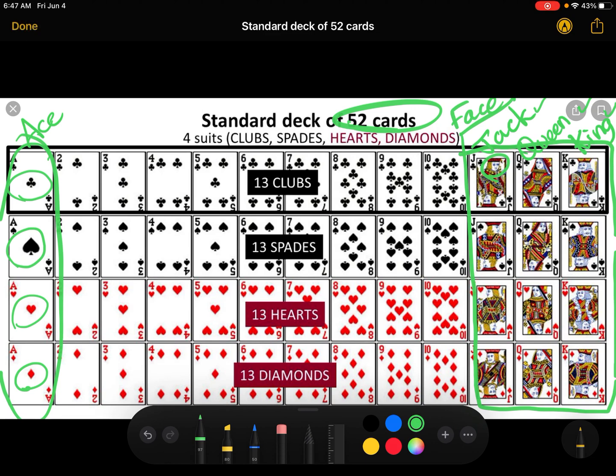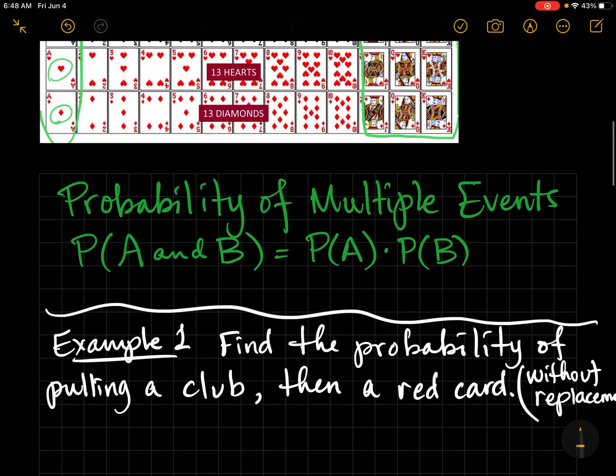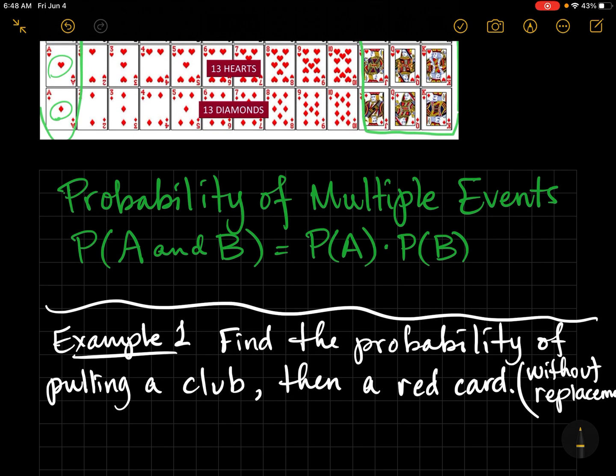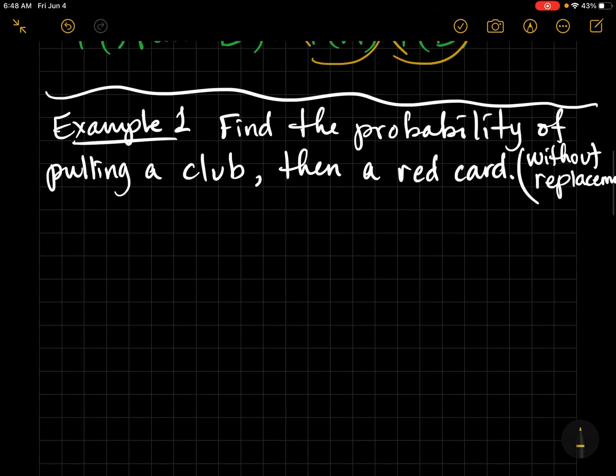So if you ever have a probability question that asks about face cards, I want you to know that. When you find the probability of multiple events, you multiply those two probabilities, which are likely to be fractions.